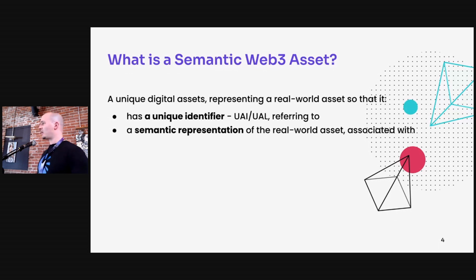Some people might have heard of a similar term like a digital twin, for example. That's kind of close to it, but not necessarily the same. And then obviously it has state verifiability proofs, as I mentioned, on the blockchain itself.